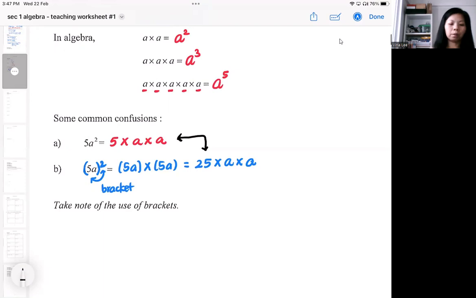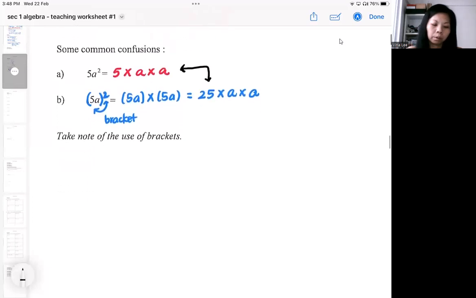So in algebra, you've got to take note of the use of brackets. If you anyhow put brackets where there are none, or ignore brackets where there are some, you find that your algebra will be very, very confusing. So brackets in algebra are very, very important.